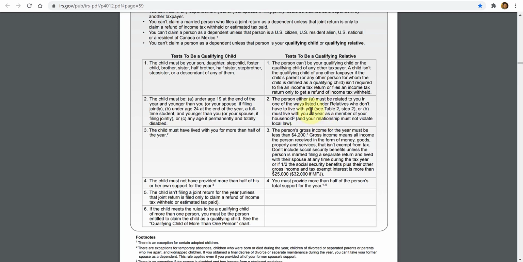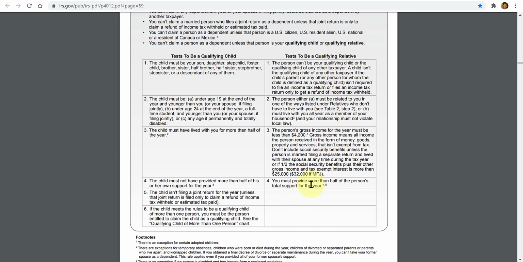This is the relationship test area. And then there's an income test, the gross income test. If the dependent has more than 4,200 of taxable income for the year, like wages, interest, dividends, and so forth, then you don't pass this gross income test and you cannot claim the person as a qualifying relative dependent.